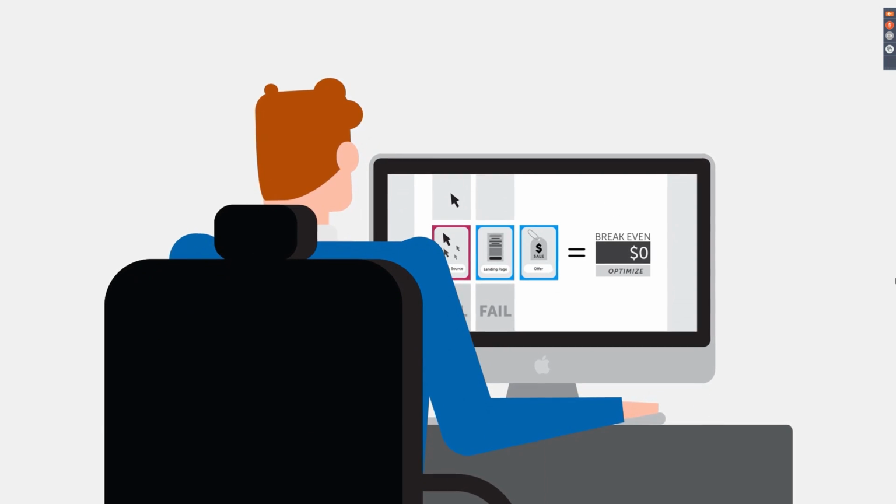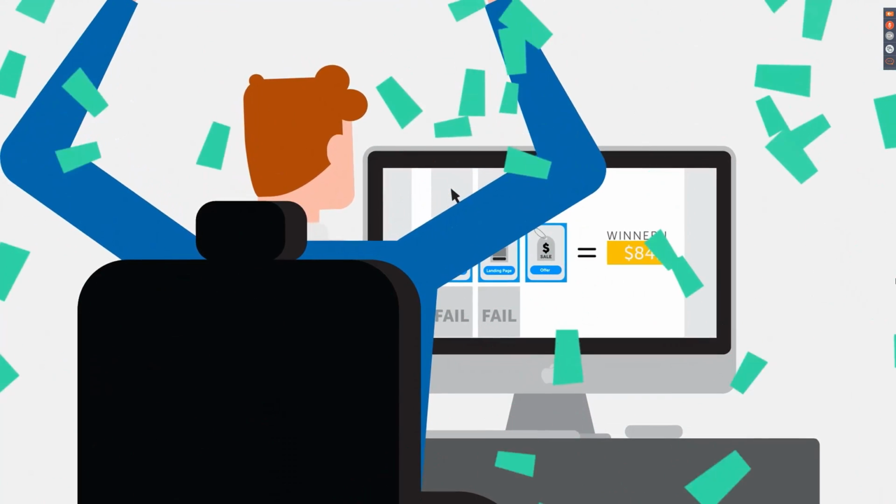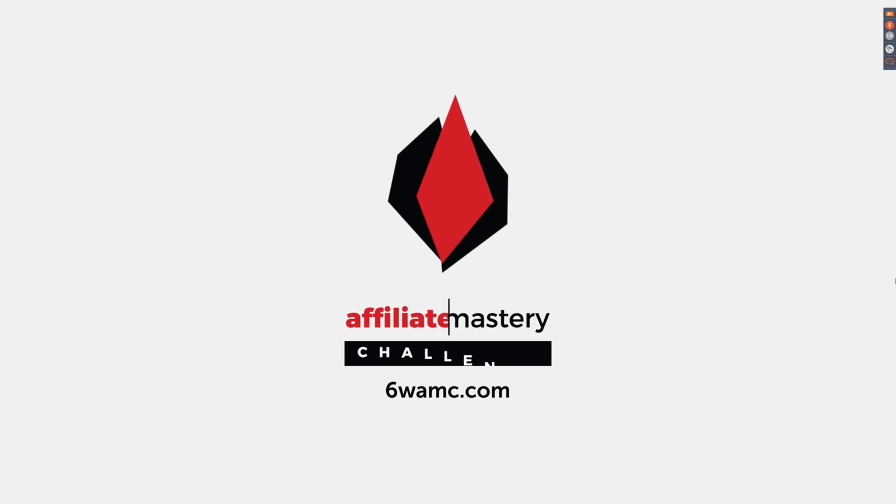If you're looking to master a new skill that can have you earning $1,000 profit per day in as little as 6 weeks, go to 6wamc.com to launch your affiliate media buying career today.